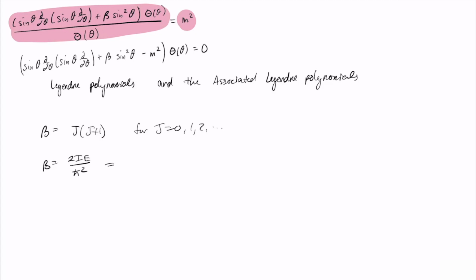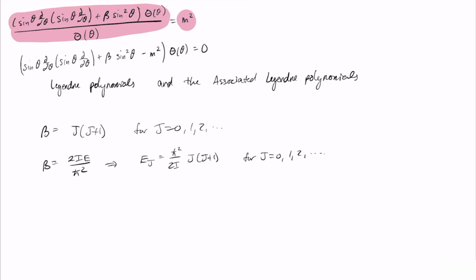And so what this implies then is that the energies will get a symbol j, right? So there's a quantum number in the energies again, and this is just equal to h bar squared over 2I times j times j plus 1, for j equals 0, 1, 2, and so on.